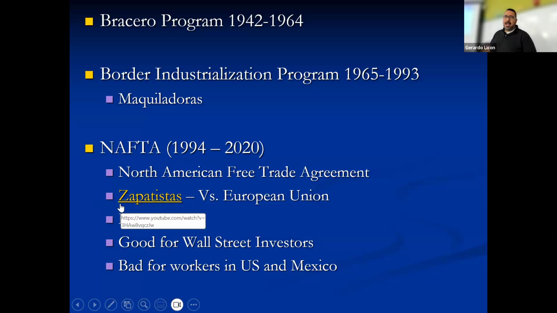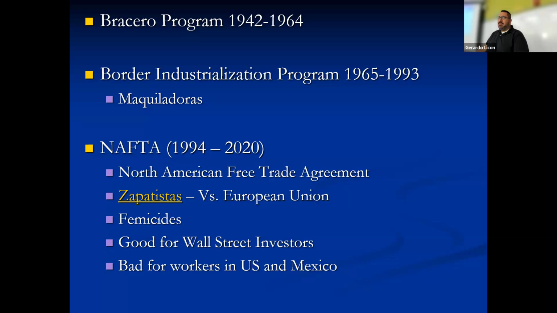In this case, they were Mayans in southern Mexico that ended up going into armed rebellion against the Mexican government because of NAFTA. They knew that Mexico had to stop subsidizing corn for all the people who lived on growing corn like they had for millennia.